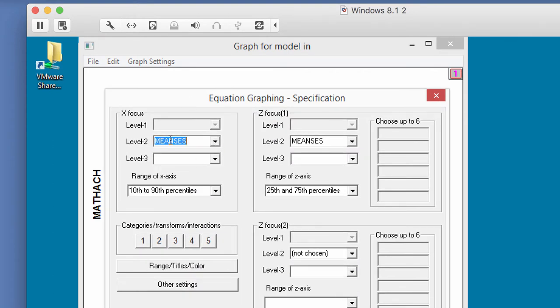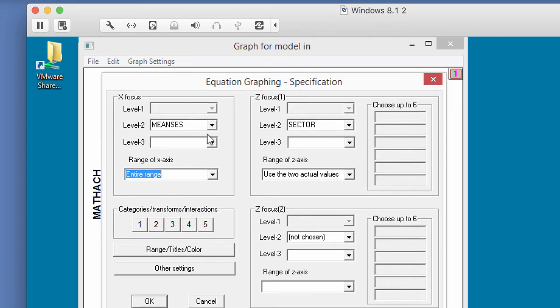We can put mean SES as our X focus and sector as our level 2 Y focus, and I'm going to do the entire range. The reason it's different this time than when using sector is because sector is 0 or 1, whereas mean SES has a range of values.